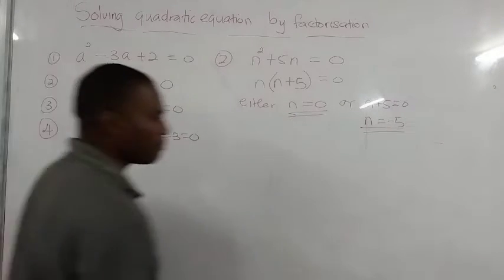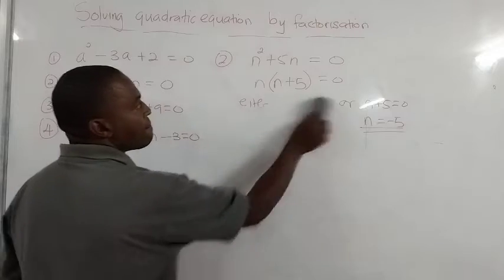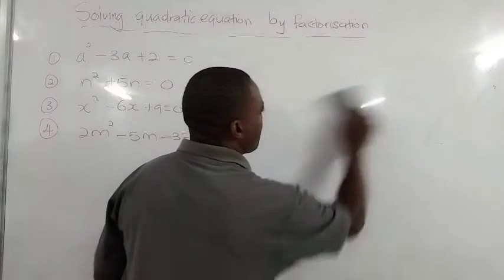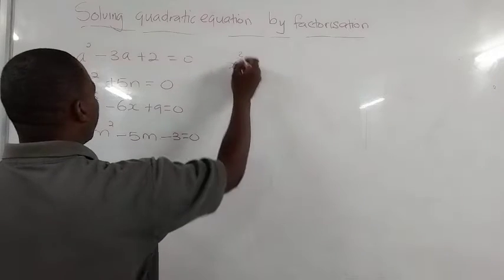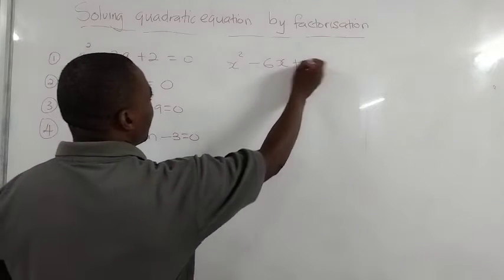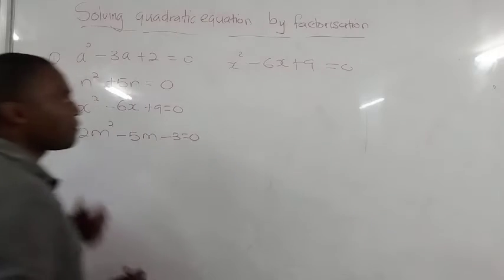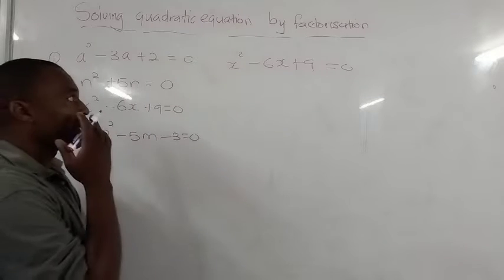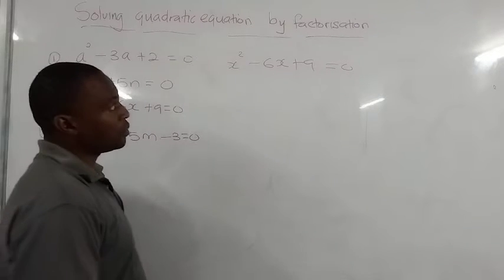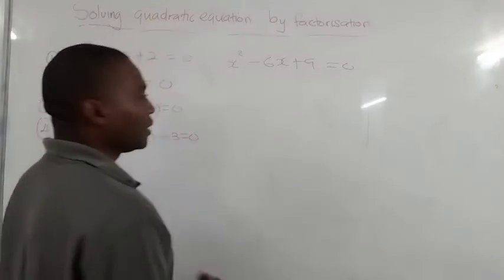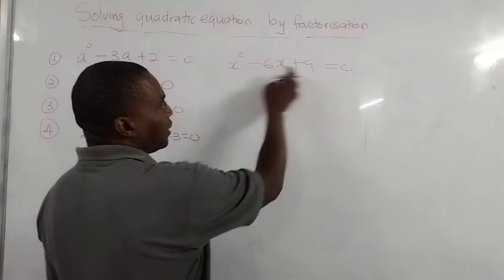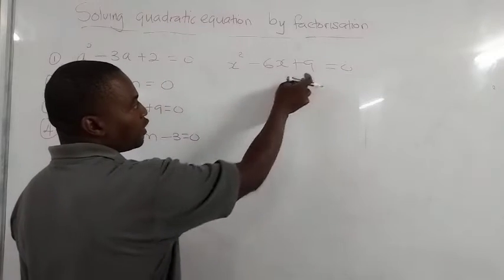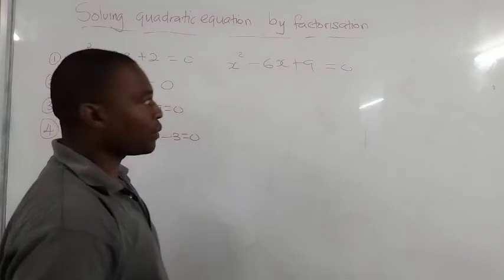Question number 3. x squared minus 6x plus 9 is equal to 0. Now, when you get so used to factorization, you can even do the process in your mind. The product of the first and the third is 9x squared.